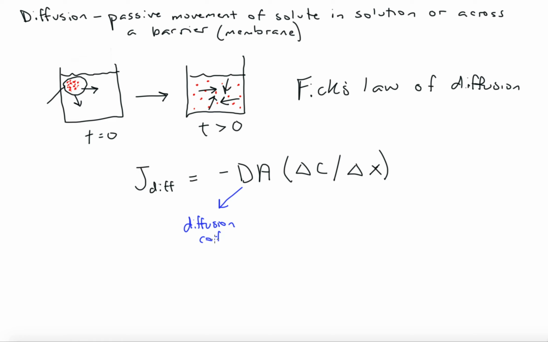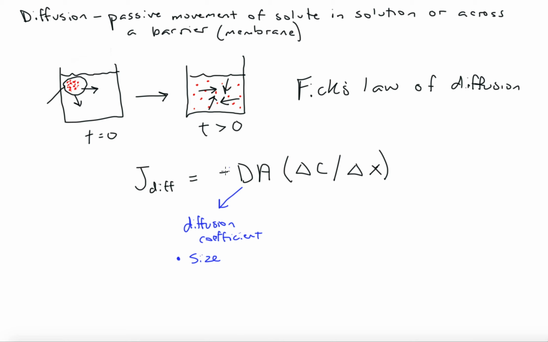The diffusion coefficient. And that has a multitude of things sort of blended into it to account for a variety of things. And those include the size of the molecule, right?